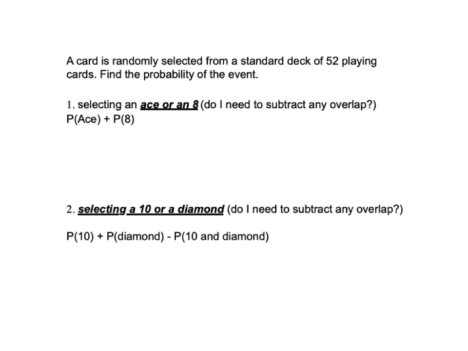52 cards, an ace or an 8. First thing, what's the probability of an ace? There are 4 aces out of 52, plus the probability of an 8. There are also 4 8s out of 52. Then is there anything that is an ace and an 8? There's no overlap here, so there's nothing to subtract back out.